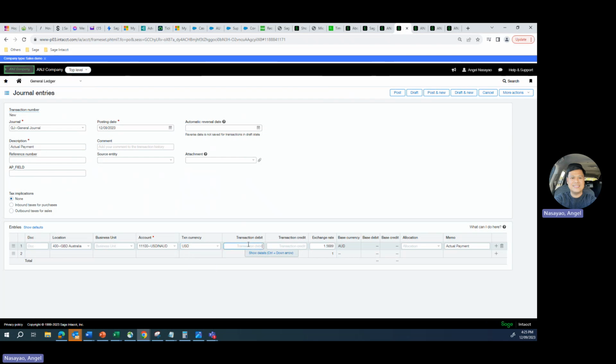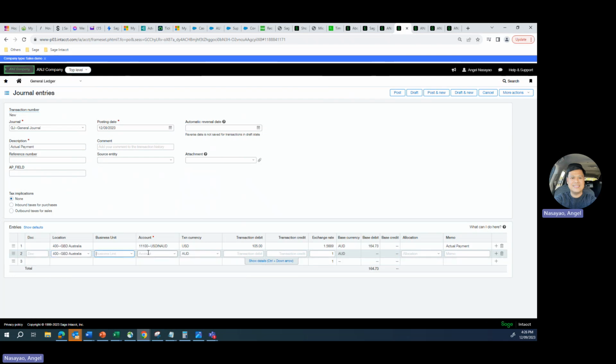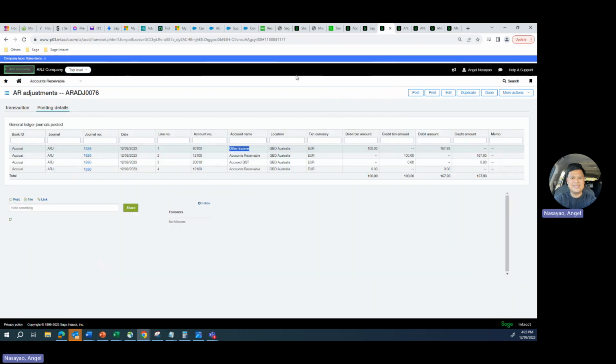So USD in here. Assuming the actual amount was 105 USD, for example. And we have to remember we debited the income account because of the adjustment, so we have to credit this one here.